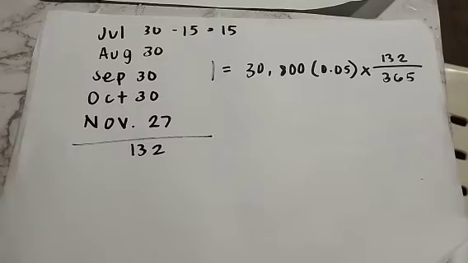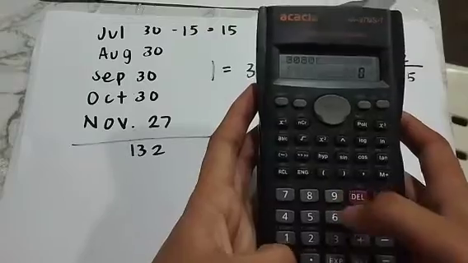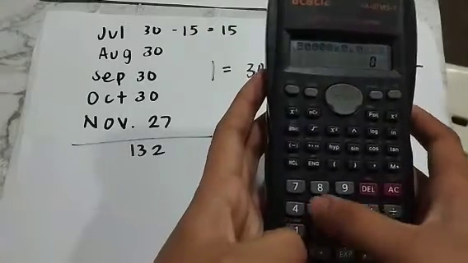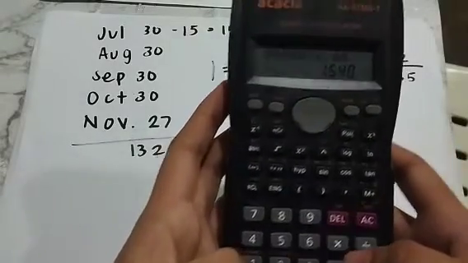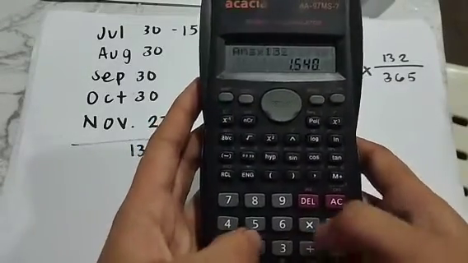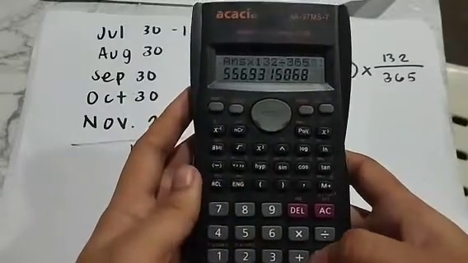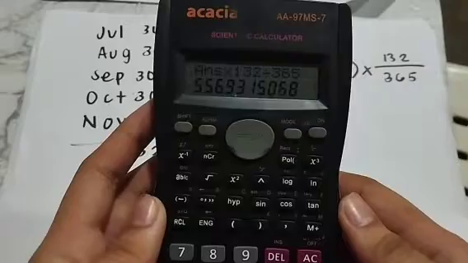Same process. Unahin yung 30,800 times 0.05. The answer is still 1,540. I-times natin yan sa 132 over 365. So the answer is 556.93.